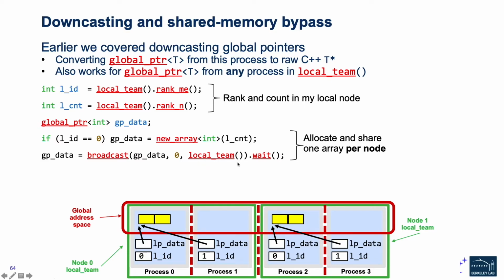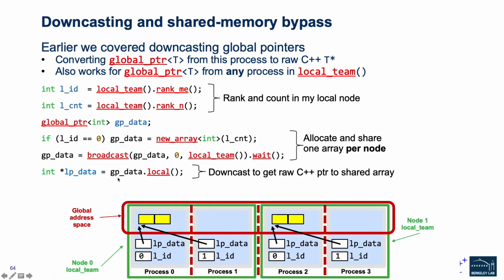Here we're passing the local team as an argument to broadcast, which means this collective will be only over the processes within that team. This is an asynchronous operation. It results in a future. Upon waiting on it, we get the data encapsulated by that future, which is the global pointer, and then we can store that in gp_data for everyone on this local team.